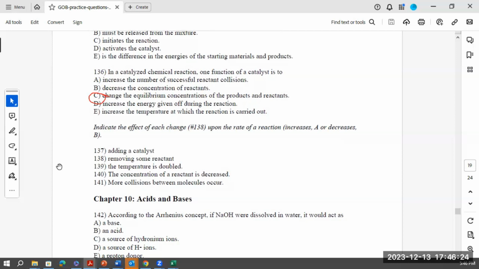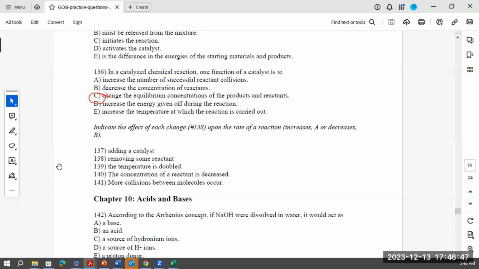Okay, so let's see. Indicate the effect of the change on the reaction rate. A would be increasing, B would be decreasing. A catalyst. What is a catalyst? It's going to increase.